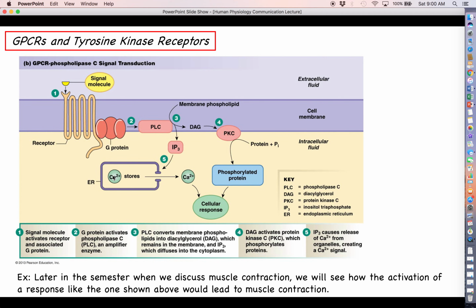If calcium is released from the endoplasmic reticulum, that calcium can start doing a lot of things inside the cell, and of particular importance, this is going to be very similar to what we see when we start talking about muscle contraction. Generally speaking, a muscle will contract when there becomes a lot of calcium available in the intracellular fluid, as you see here.